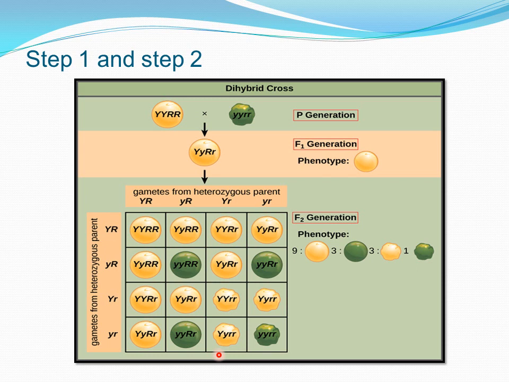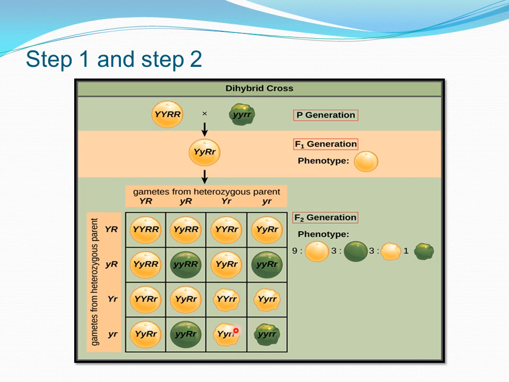The parents were round and yellow, and wrinkled and green in color, but we got two new combinations: round seeds with green color, and wrinkled seeds with yellow color.